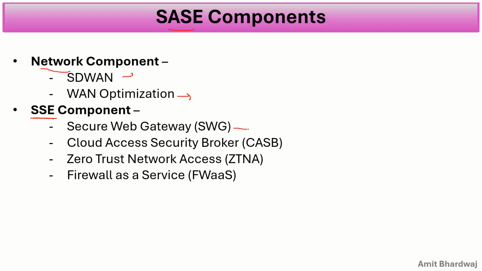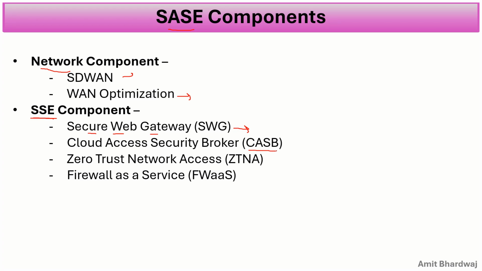The first is SWG, the Secure Web Gateway. It allows us to inspect and filter internet-bound web traffic. It also guards against malware, monitors unusual traffic patterns, and helps provide that information.